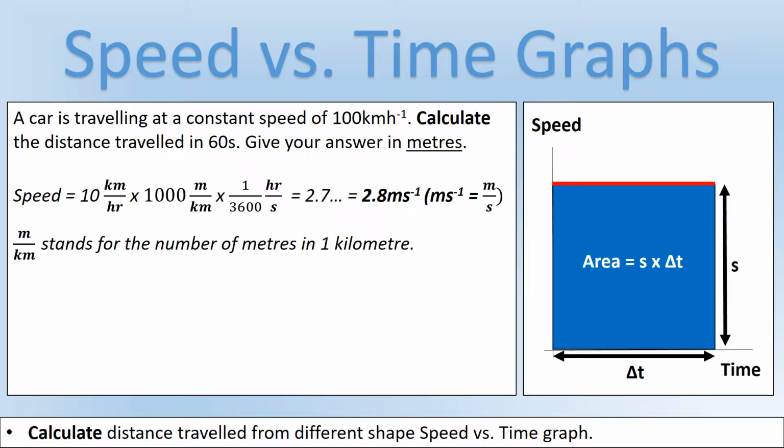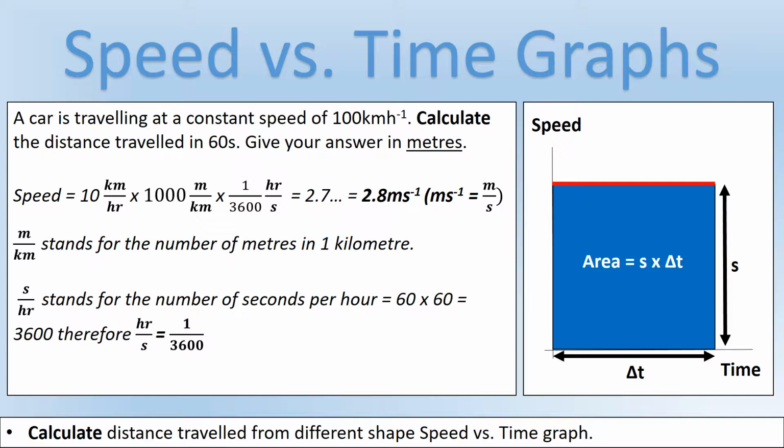So there are 1,000 meters per kilometer, which is why we've multiplied by 1,000. If you see seconds per hour, that stands for the number of seconds per hour. So there are 60 seconds in a minute, 60 minutes in an hour, so there are 3,600 seconds in 1 hour. So what that means is there's 1 over 3,600 hours per second.